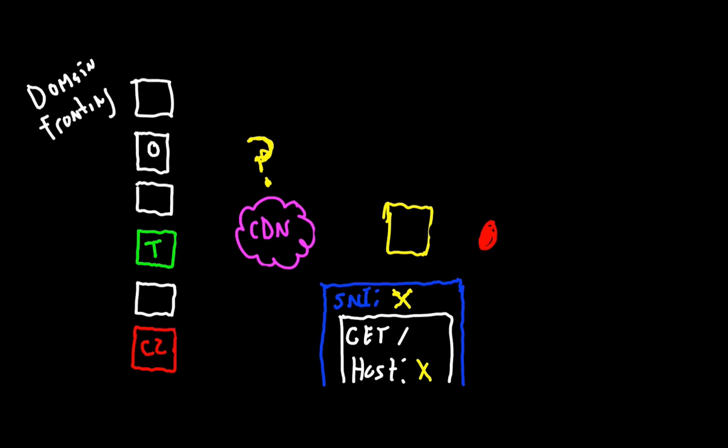So some CDNs do actually look at this value, and if it gets a request for a highly trustworthy and repeatable domain T, and it sees a host header of C2, it might actually notice the difference and take some sort of action, such as normalizing the host header.